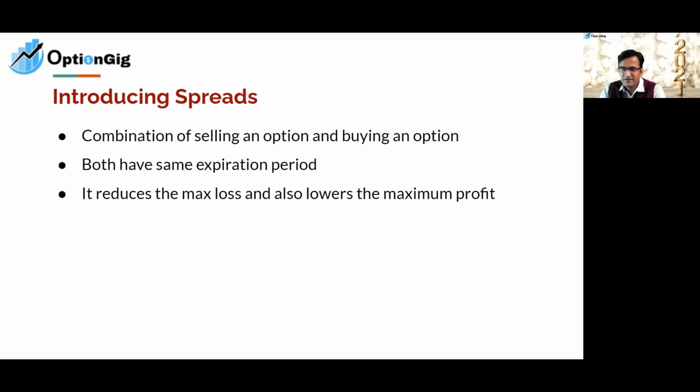But even with a small value account, you can still play in Amazon, right? Because it reduces the maximum loss and the amount of buying power that you need in your account. The trade-off is you will make less money, but you can participate in it.